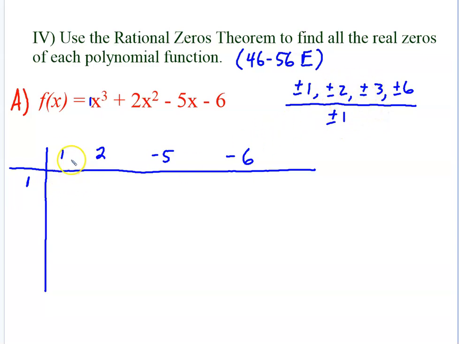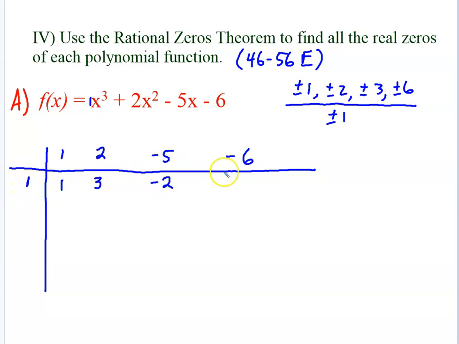Okay, so with synthetic division, you bring down the first number and treat this as the number in the house. Okay, so you multiply. 1 times 1 is 1, and then you just add to the next number. So we set it up this way so we can do several different tests with just one table. Okay, so 1 plus 2 is 3. Multiply 3 times 1, that's 3, plus negative 5 is negative 2.